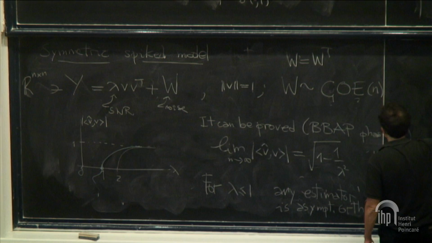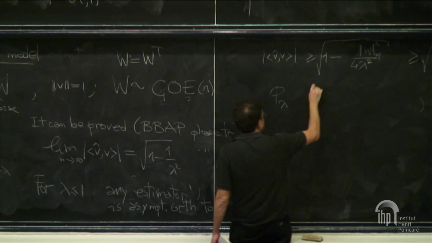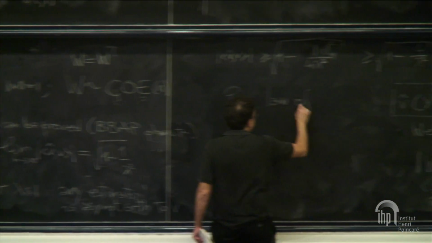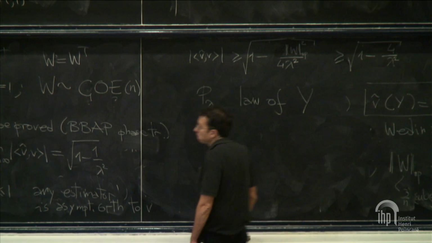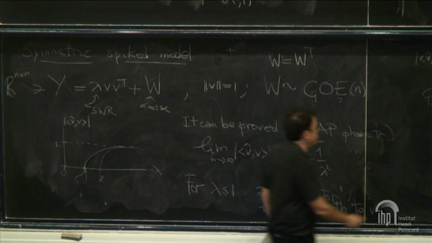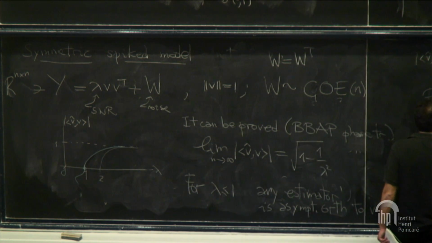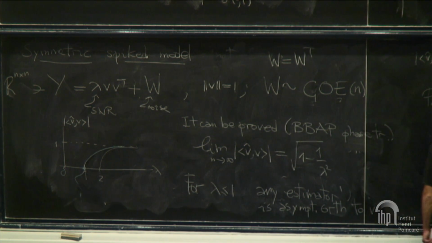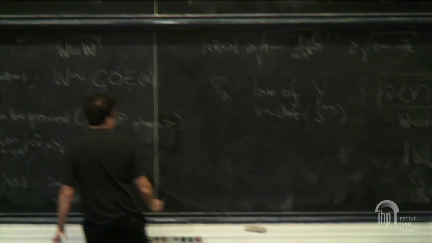Consider the simpler problem. Call P lambda the law of Y. That is, you generate Y in this way: you take a vector V uniformly random on the sphere and compute lambda VV transpose plus W, and call the law of the signal lambda.